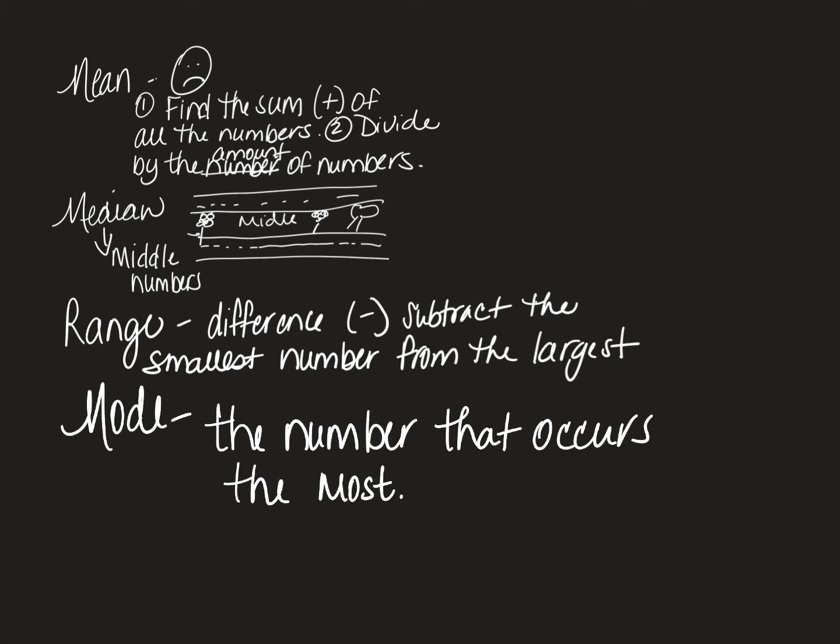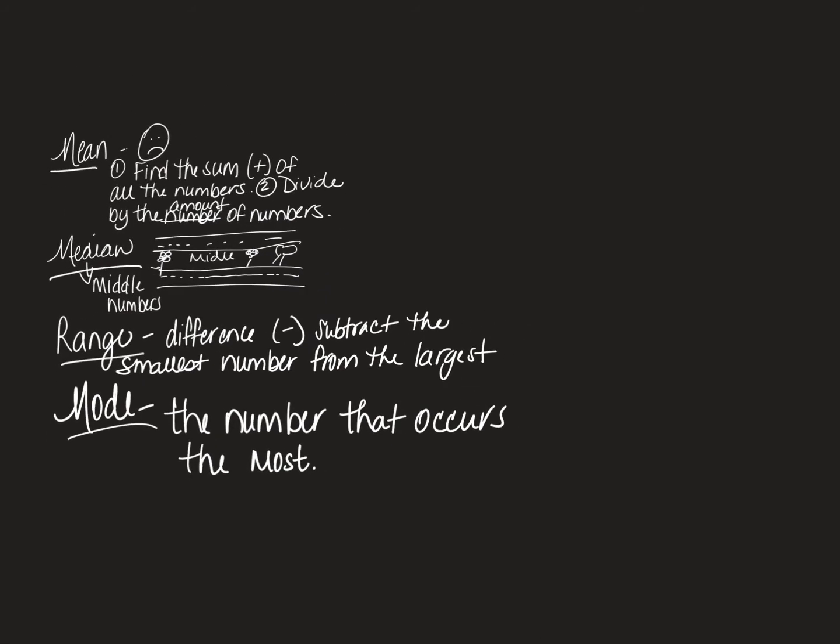Okay? So, for example, let's just say that you have a set of numbers such as 6, 8, 13, 20, and 25. So, what is the mean?